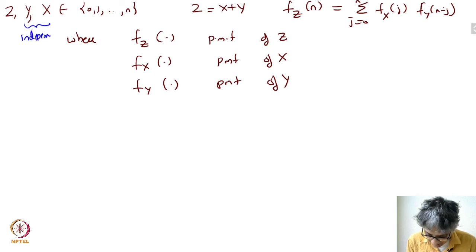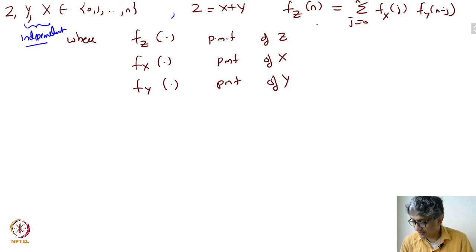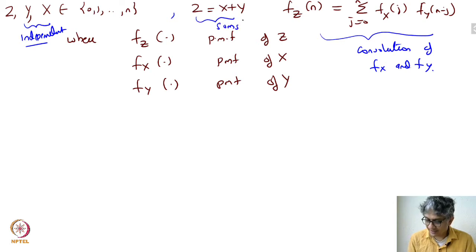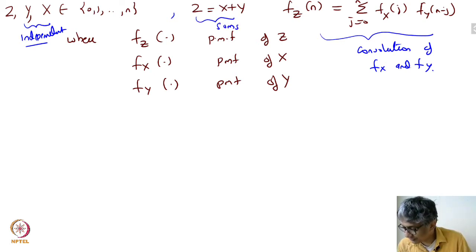So if you have two independent variables and take the sum of them, then the distribution of the new variable is given by the convolution of f sub x and f sub y. So for sums of independent random variables, the probability mass function is just given by the convolution of the two probability mass functions. This is a fact one has shown in the example.